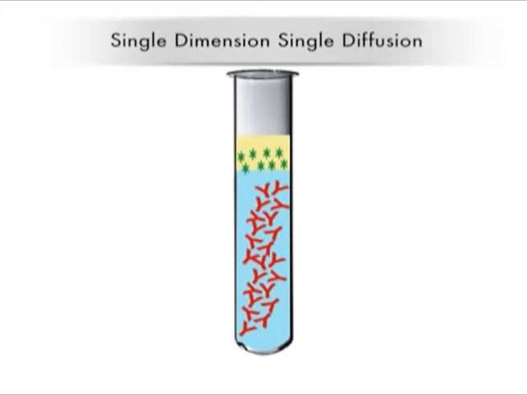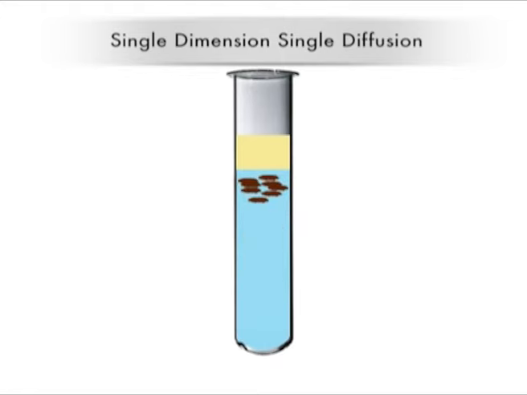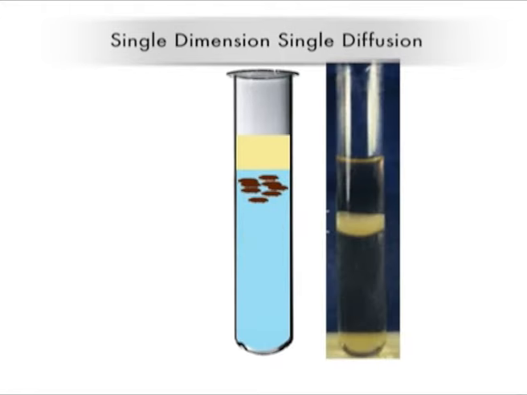It is then allowed to diffuse down through the gel. A line of precipitation is formed where the antigen and antibodies interact in sufficient number to give observable reaction. In this process, only antigen is moving, that too in single dimension, that is downwards. Therefore, it is known as single dimension single diffusion.